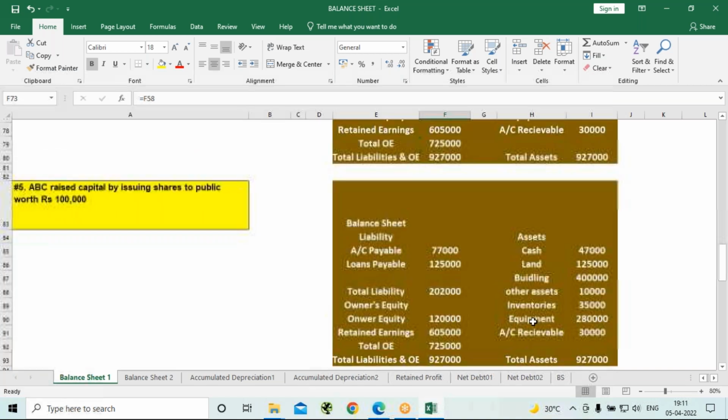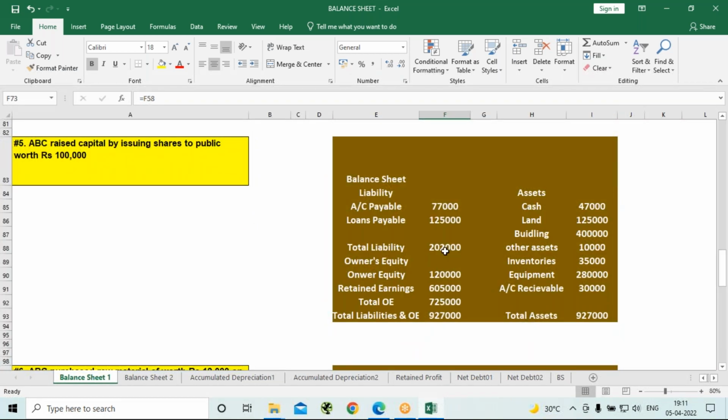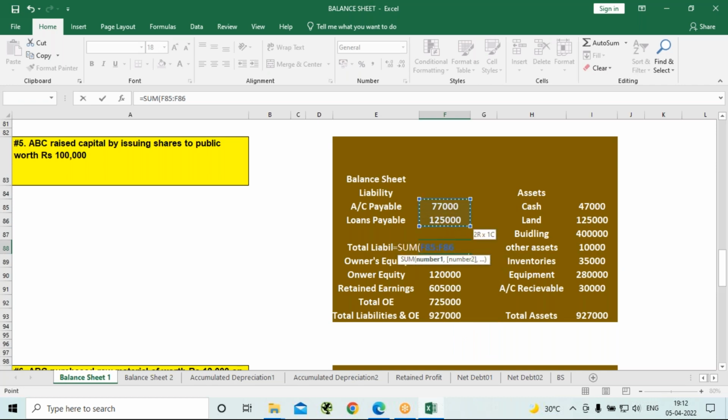The next thing is: ABC raised capital by issuing shares to the public worth rupees 1 lakh. I think at least you can try this. Can anyone try this calculation?